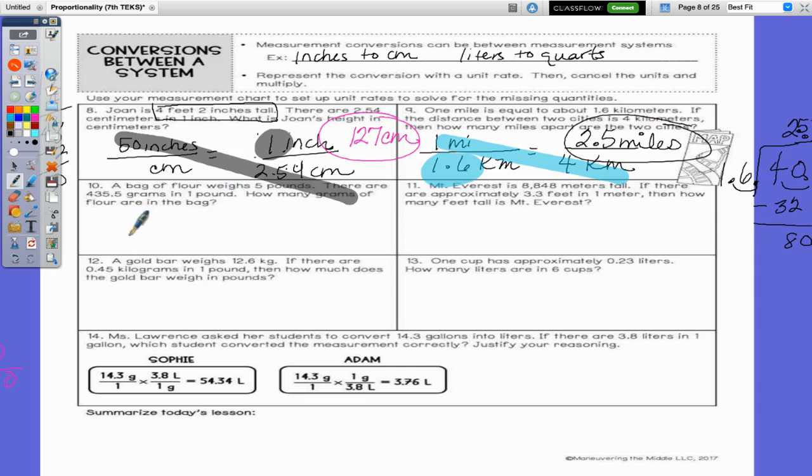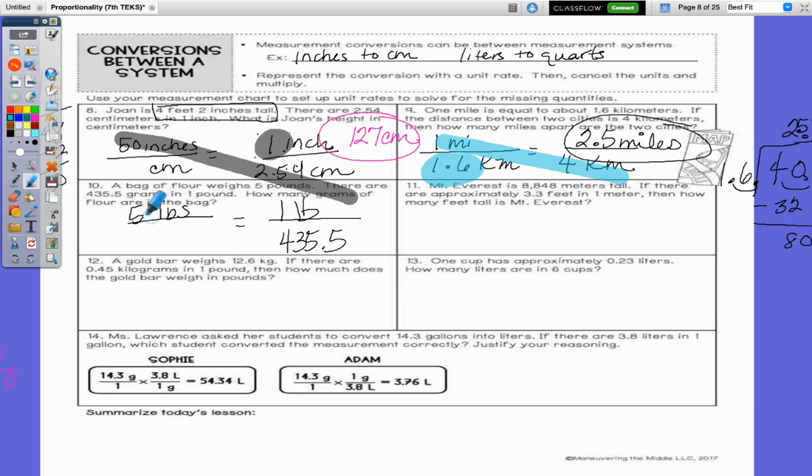Okay, so we have a bag of flour that weighs 5 pounds. There are 435.5 grams in 1 pound. I'm rushing ahead of myself, sorry. That goes over here, 1 pound is 435.5 grams.